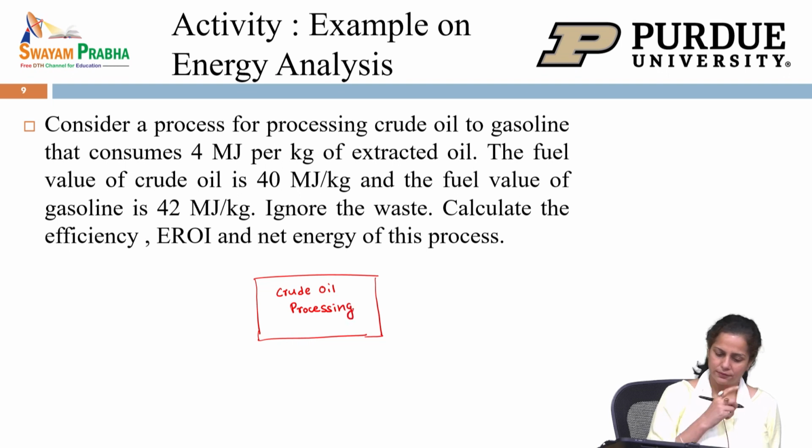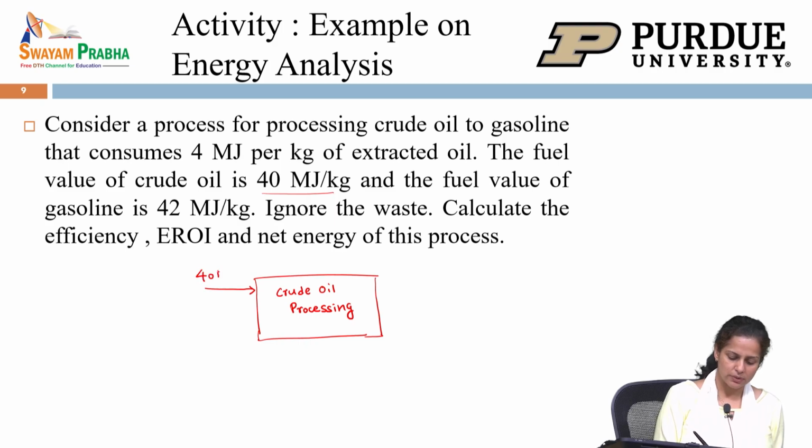And we have the fuel value of crude oil is 40 megajoule per kg. So, we have to identify what is the feedstock, what is the processing energy and what is the product. Our feedstock is the crude oil, which has 40 megajoule per kg, and let us assume we have 1 kg of flow, and the fuel value of gasoline is 42 megajoule per kg.